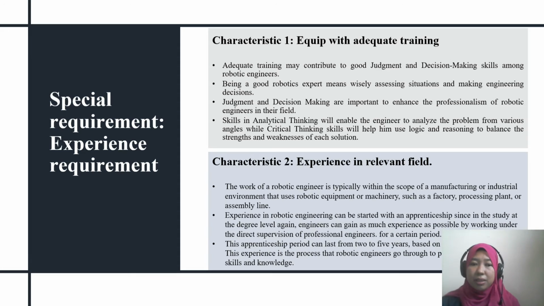The second characteristic is experience in the relevant field. The work of a robotic engineer is typically within the scope of a manufacturing or industrial environment that uses robotic equipment or machinery, such as a factory, processing plant or assembly line.